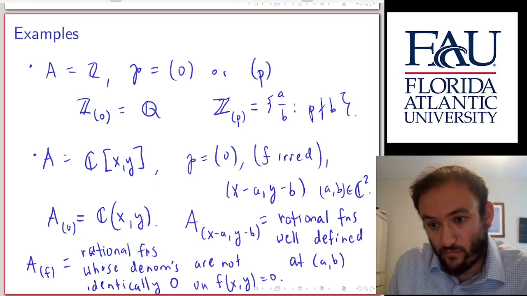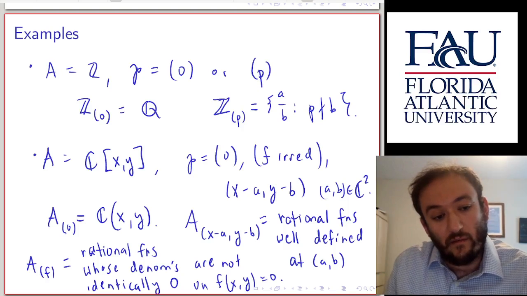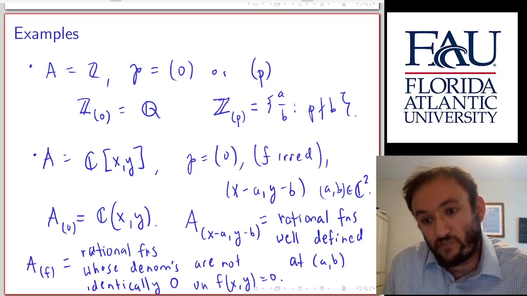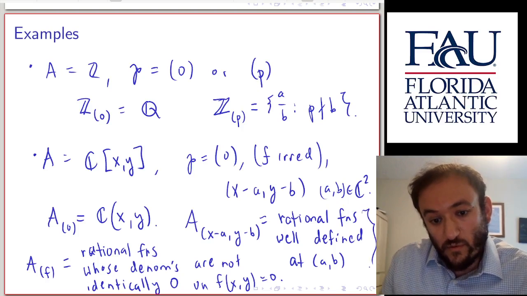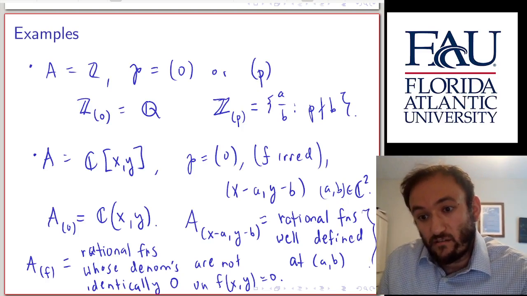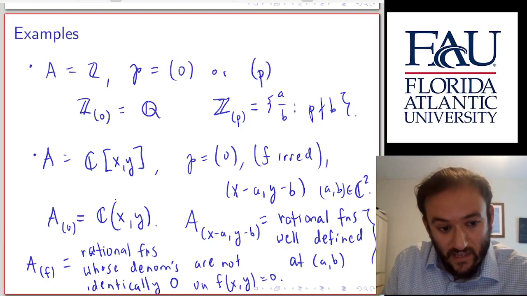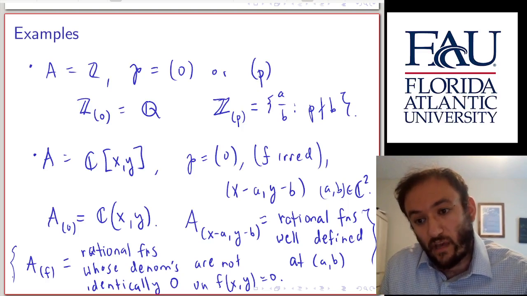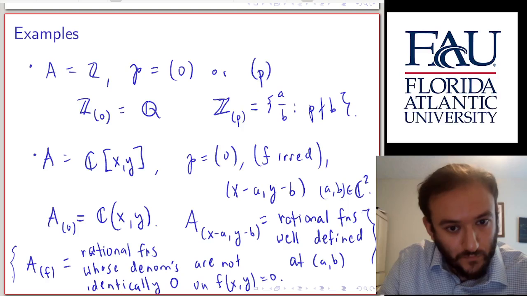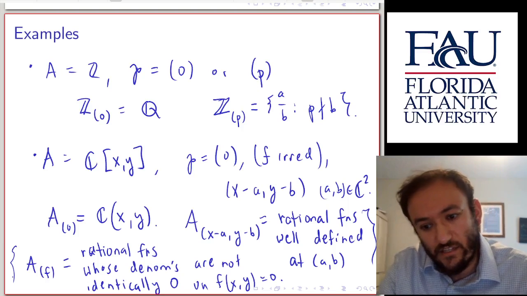So for the prime 0, you're looking for rational functions that are defined on most of the full plane. For this one, you need rational functions that are defined on your point. And for this, you need rational functions that are defined for most of your curve. So that's the localizations that we're looking at.